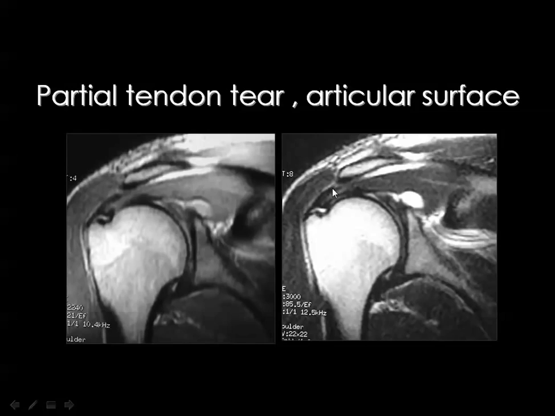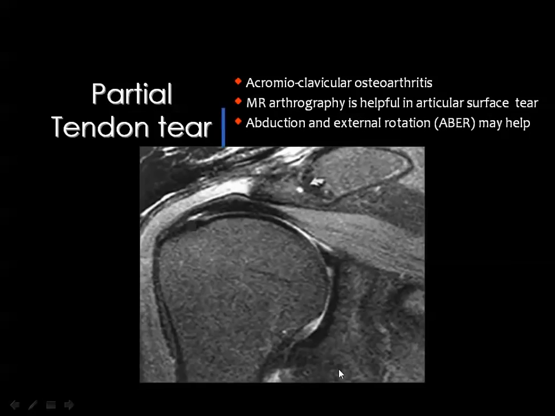You can identify that the superior fibers of the tendon are intact, reaching the insertion site in the greater tuberosity, while the inferior fibers are not intact. They are disrupted here, and you can appreciate the fluid signal, denoting there is partial tear in the surface of the tendon facing the joint.